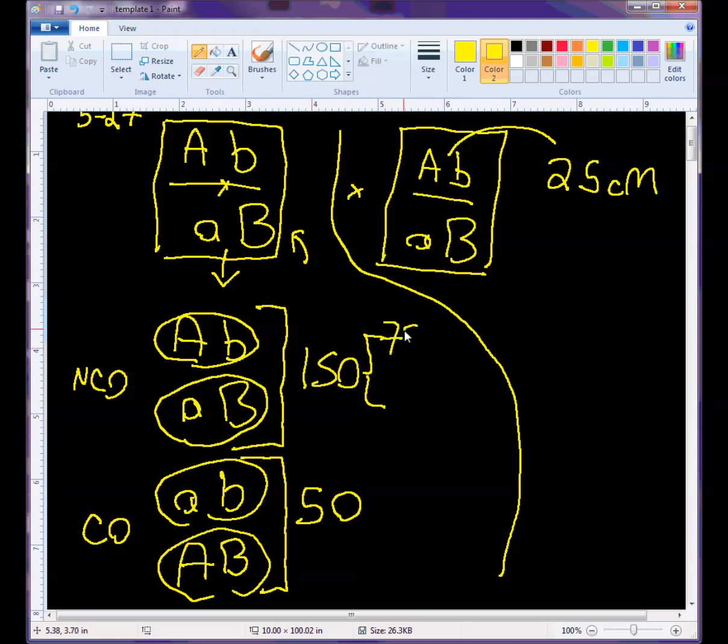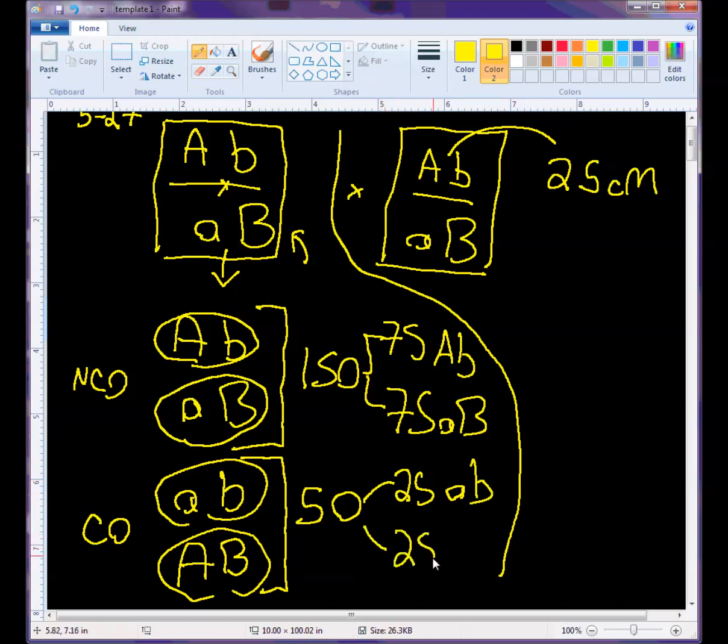Half of those 150 are going to be big A, little b, and half are going to be little a, big B. Of the crossover gametes, 25 are going to be little a, little b, and 25 are going to be big A and big B. So if we randomly took 200 gametes from this individual and genotyped them, 75 should be this, 75 this, 25 this, and 25 this.